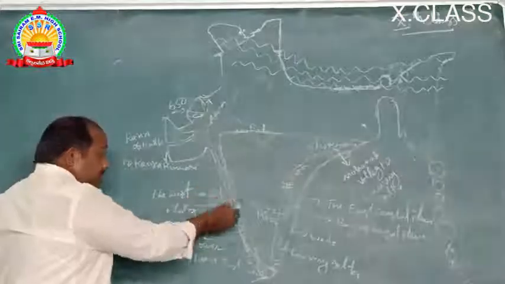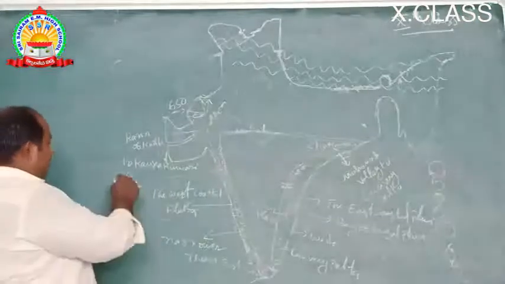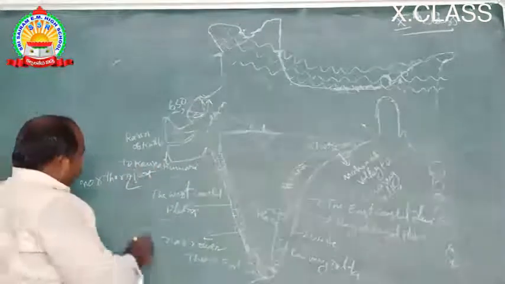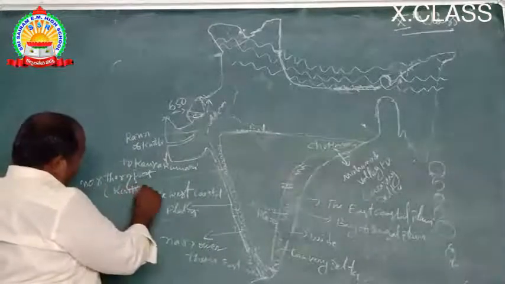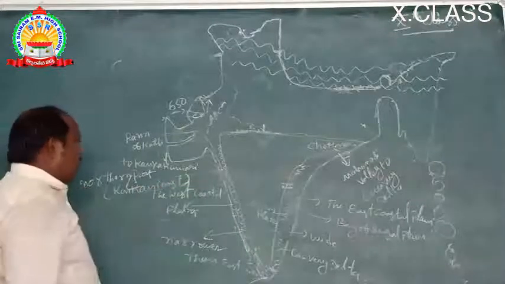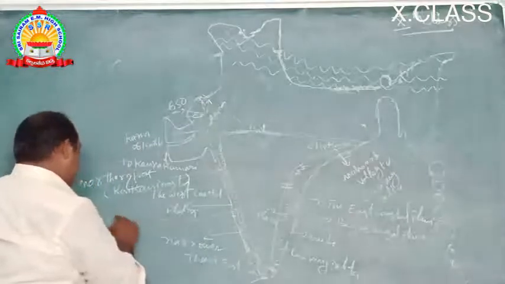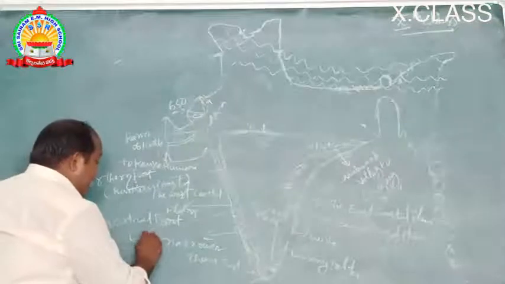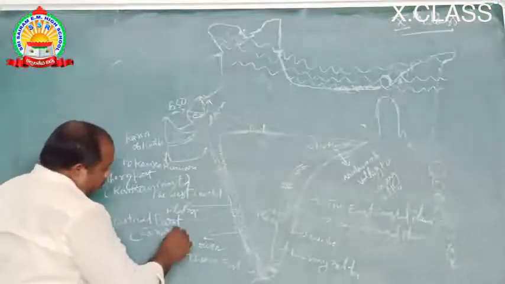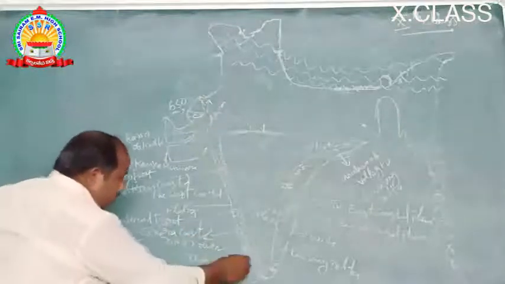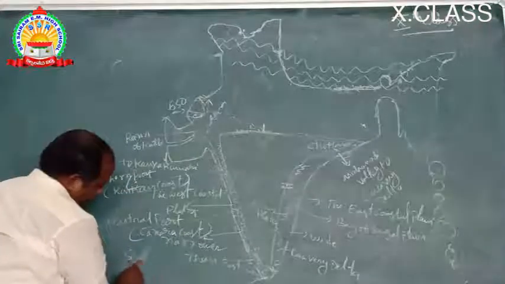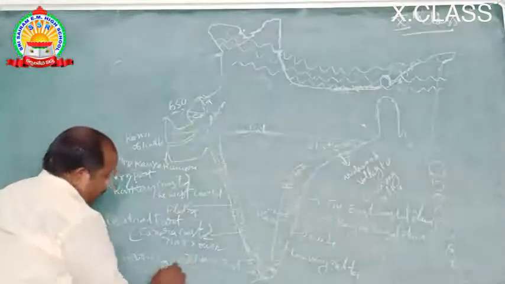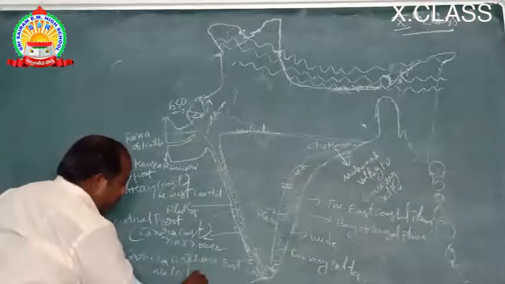The west coastal plain can be divided into three parts. The northern part is known as the Konkan Coast, the central part is known as the Canara Coast, and the southern part is known as the Malabar Coast.